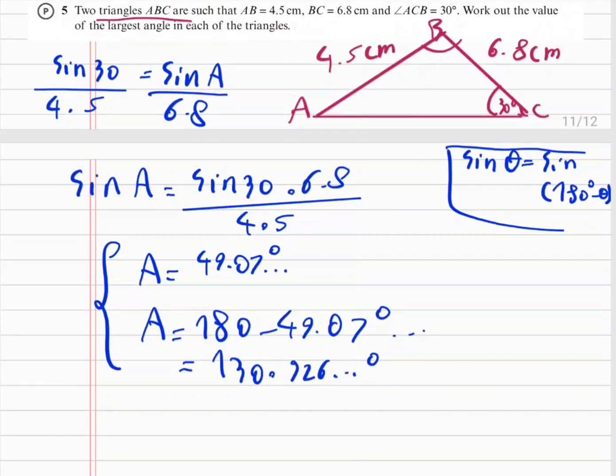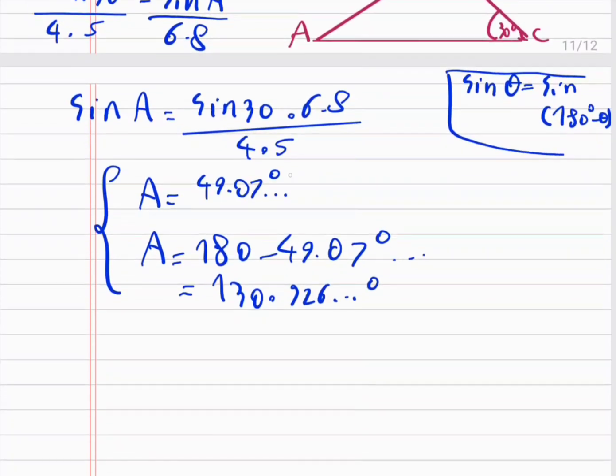When A is equal to 49.07 degrees, then obviously B is the largest angle. B is equal to 180 minus 30 plus 49.07, where remember that 30 is the value of angle C. In this case, B is the largest angle because it is equal to 101 degrees to three significant figures.